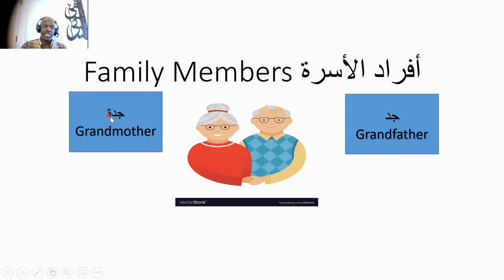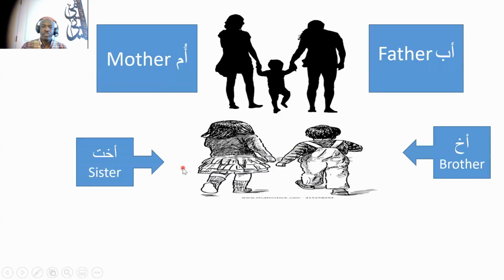Jeddah is grandmother. Jed doesn't have the ta marbuta, and Jeddah here, we add the ta marbuta to Jed to indicate that this noun is feminine. So the first two family members here are Jed, grandfather, and Jeddah, grandmother.